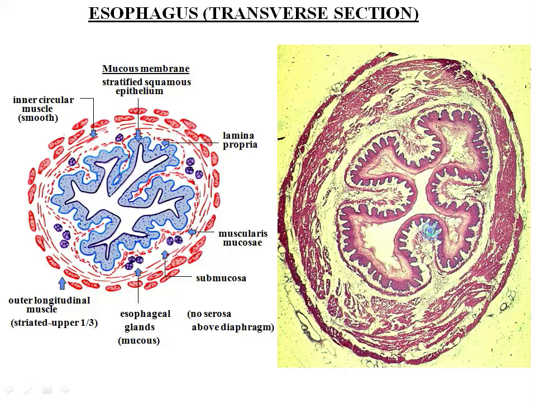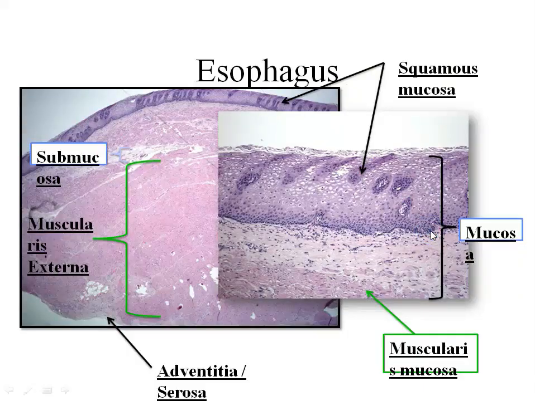Okay, now we'll see here the magnified view of this esophagus mucosa layer. So this is a mucosa layer, and here you will see a lot of squamous epithelial tissues lying one over each other.